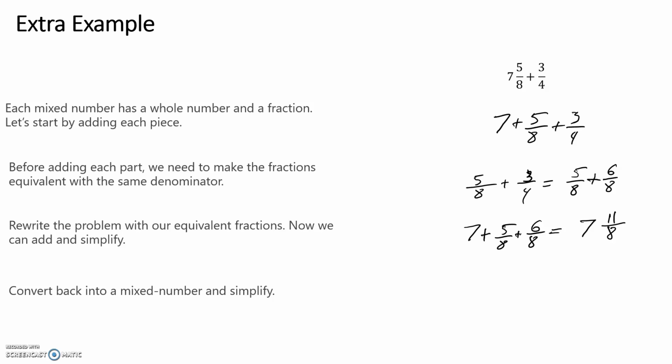Now I need to convert that improper fraction to a mixed number, and that's going to be 7 plus 1 and 3/8. That's going to be 8 and 3/8. And that is already simplified.